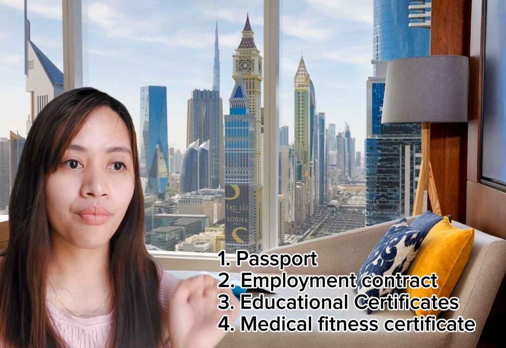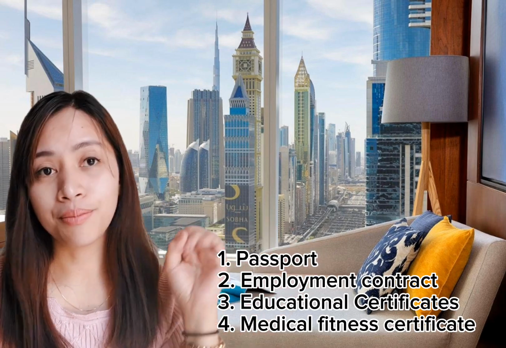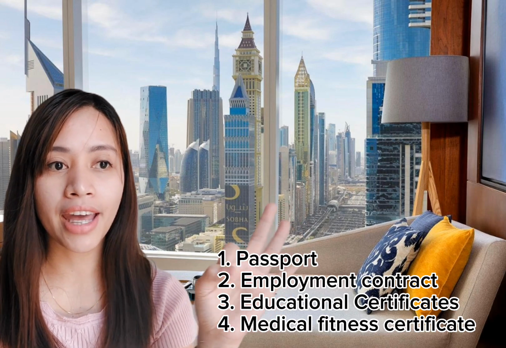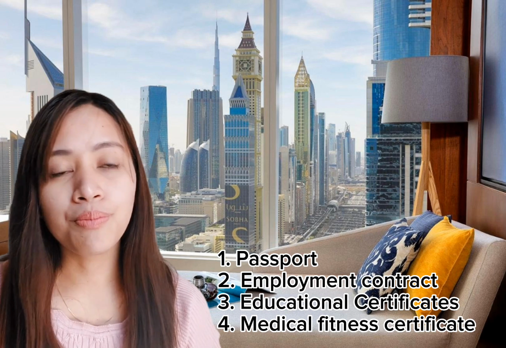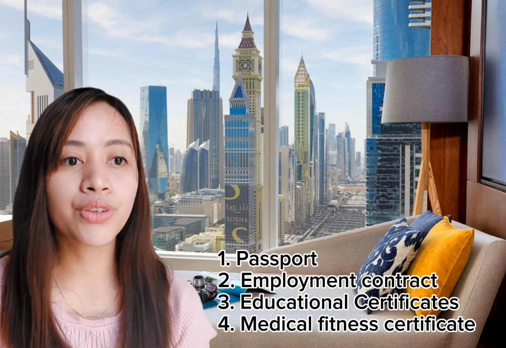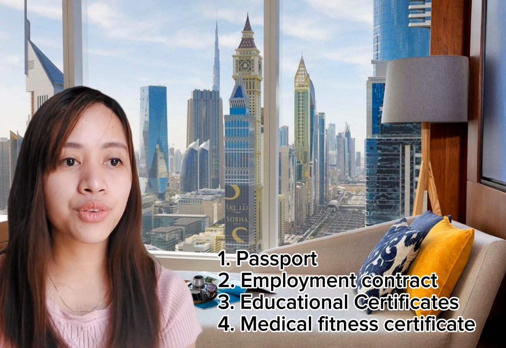So, what are the important documents for employment visas? Number one, passport. Number two, employment contract. Number three, educational certificates. Number four, medical fitness certificate. Your employer will guide you through the process and will assess the necessary paperwork.